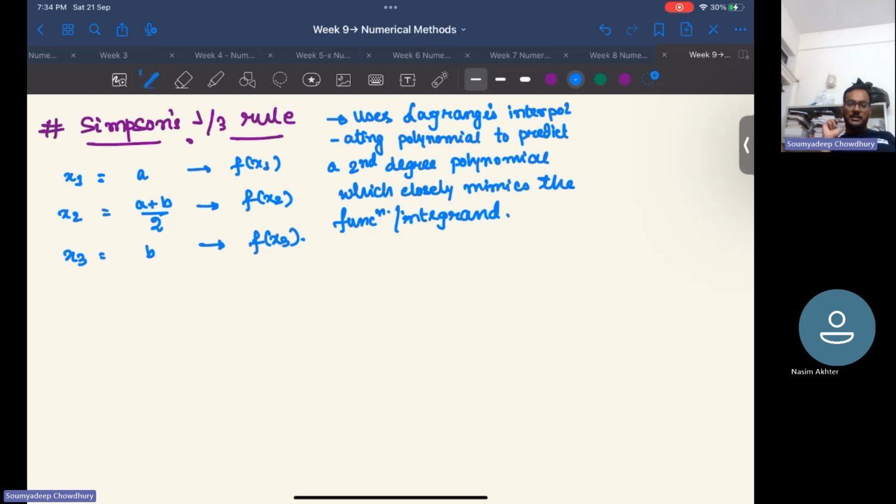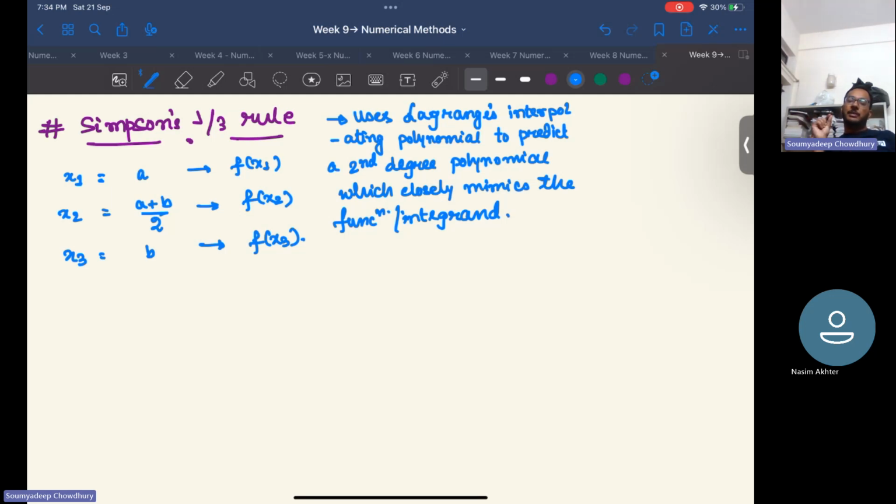I'll repeat this concept because it is very important. In the trapezoidal rule, we divided the entire function into subintervals, and within those subintervals, we approximated the integrand as linear functions. What we do in Simpson's 1/3 rule is we divide that function into multiple subintervals.